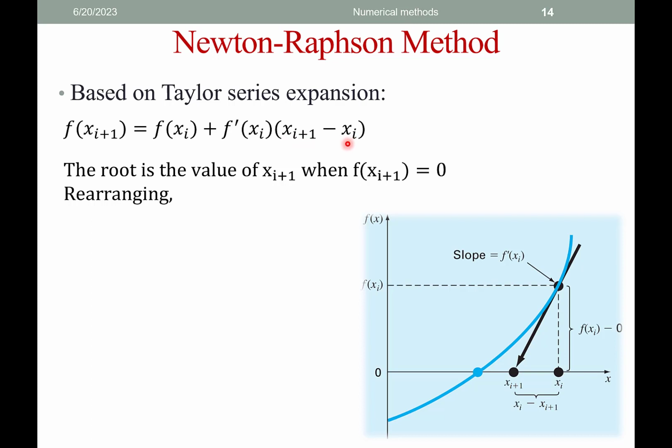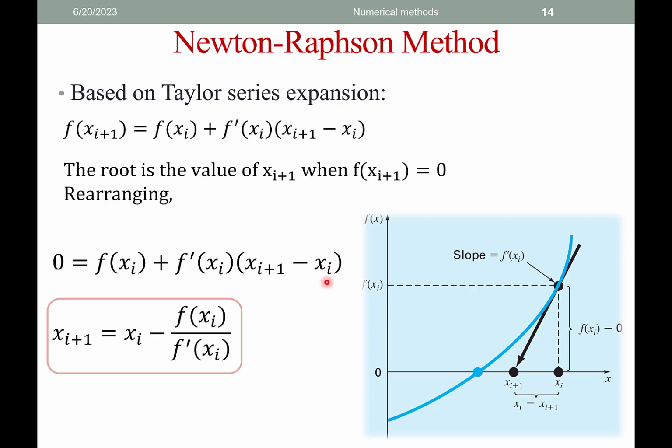When we're trying to find the root, we're trying to find when f of x_i plus 1 equals 0. So to derive the equation, let's make this equal to 0, and then rearrange the function to solve for what x_i plus 1 would be, given an initial guess for x_i.